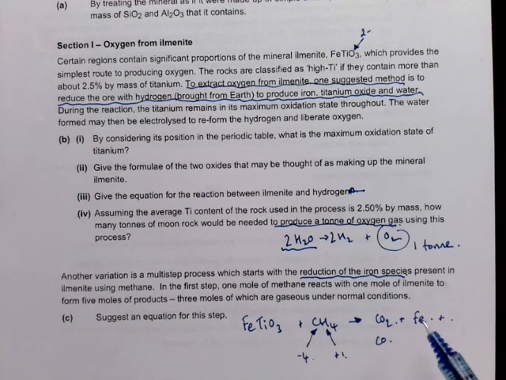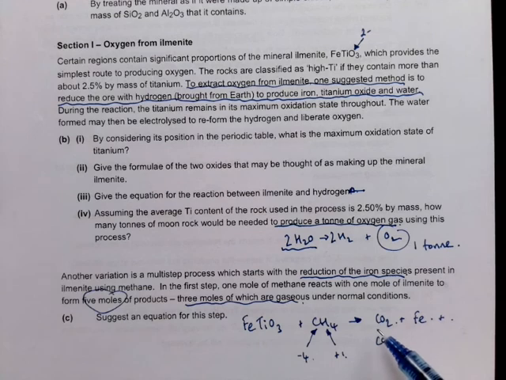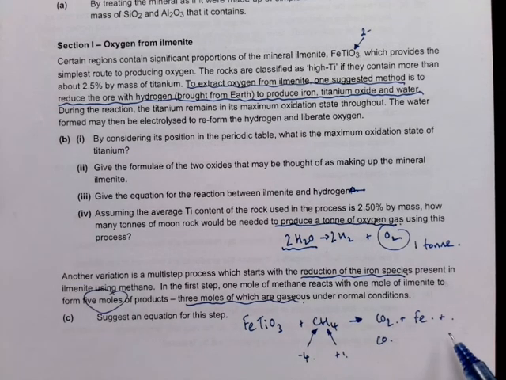Okay, and what you need to do now is have a think about, well, if I'm going to get 5 moles of products and 3 of those are gases. Now what that means is, it doesn't mean 3 of the products are gases, it just means that 3 moles of the products are gases. So you just need to have a little bit of a play, think about what else you could get.